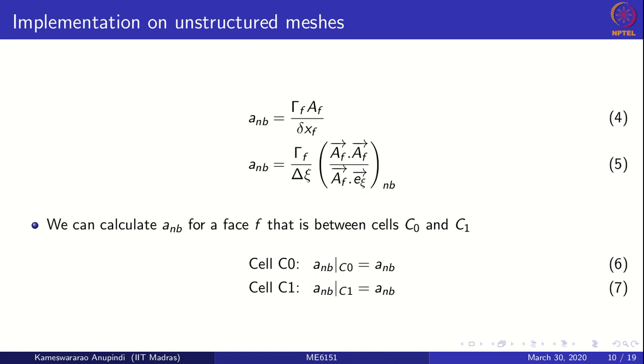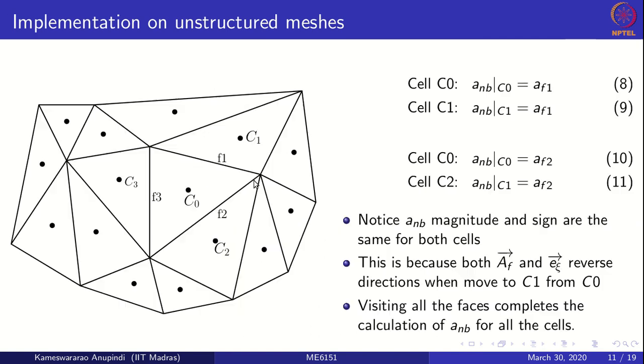That is basically A and B would be the same whether you are sitting on C0 and calculating it or on C1, because for AF dot xi, both the vectors change sign. Okay, that is something you have to verify once again. So because both AF bar and xi reverse directions when we move from C1 to C0, this quantity A and B would remain the same whether you calculate from the C0 side or the C1 side for the face F.